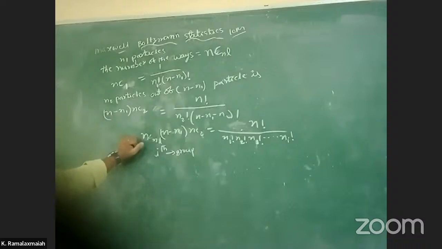The first Ni particles can be accommodated in gi ways. All the Ni particles can be occupied in the gi group in gi to the power Ni ways.